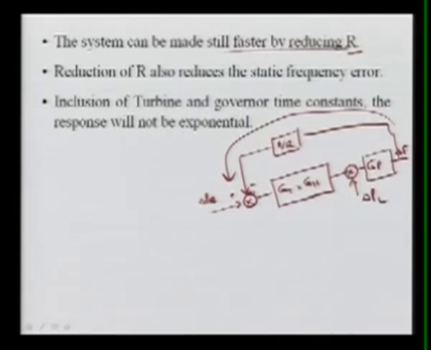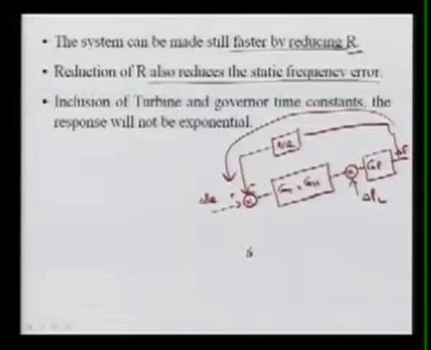And also the advantage of this is that the reduction of R also reduces the static frequency error. If you remember this formula, the static frequency error is nothing but change in PL, or you can say X, divided by D plus 1 by R. So if you reduce R, this term becomes larger, a larger value of the denominator, which means a smaller value of the steady state frequency error.